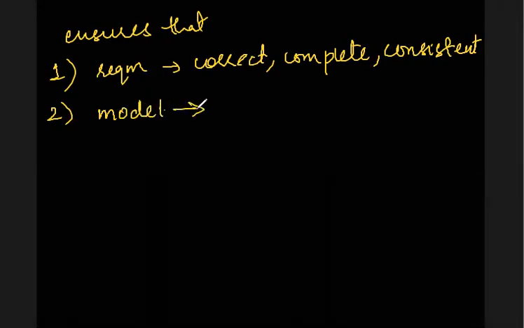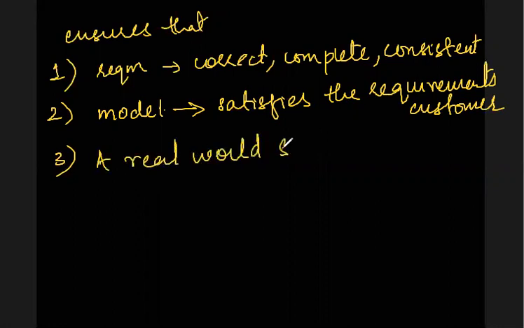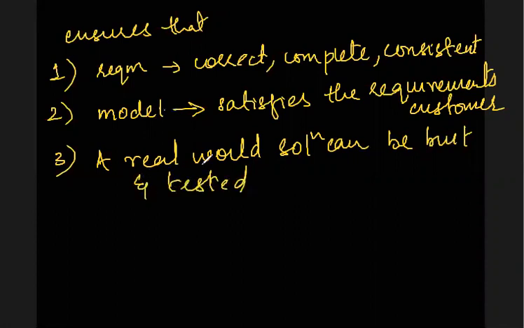Whenever you create a prototype, based upon the prototype you design the main model, so this satisfies all the requirements that were stated by the customer. Then the third one is that you design a real-world solution that can be built and tested. Whatever you develop based upon that model, the software that you're developing can be built and it should be tested.